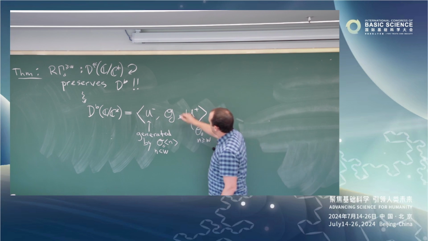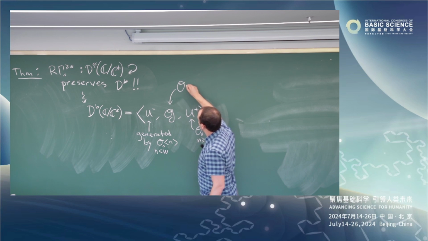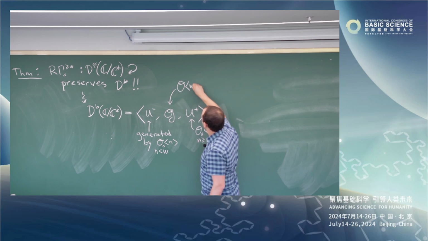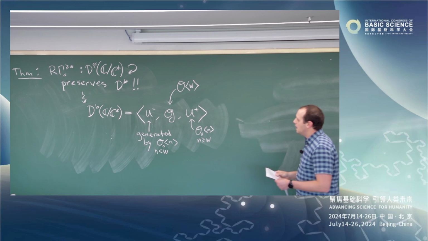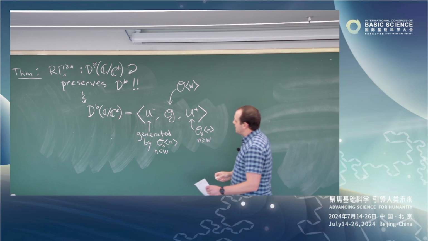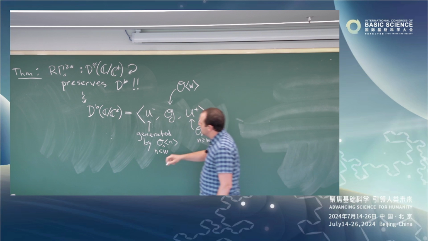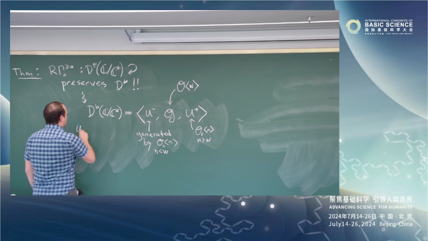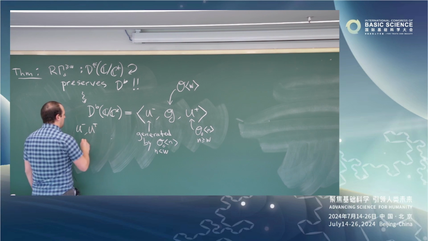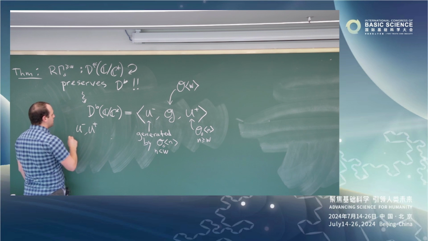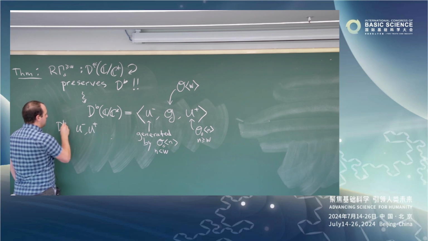And then this is just generated by a single object, the structure sheaf itself, twisted by w. And so the observation here is that together, U minus and U plus actually give a semi-orthogonal decomposition of DB with supports on the origin.